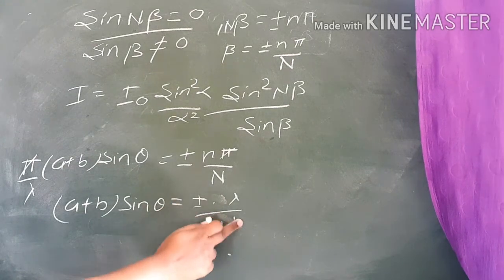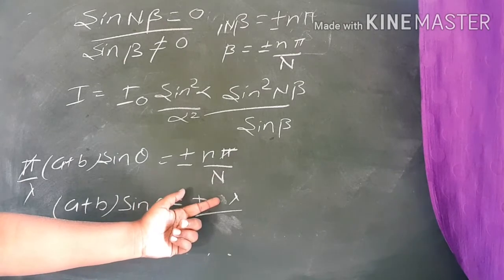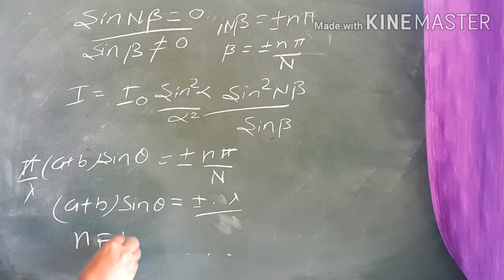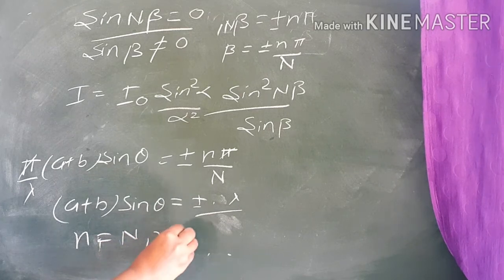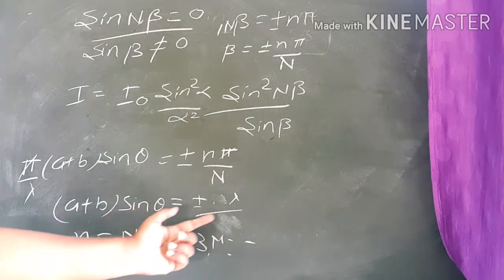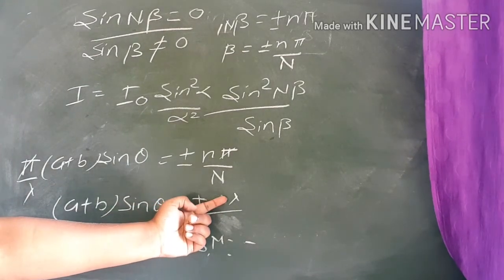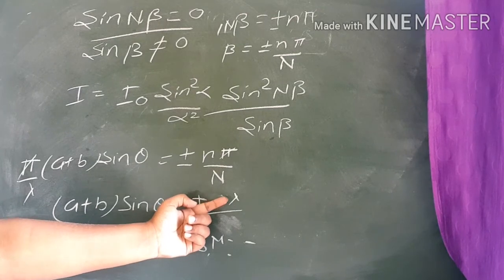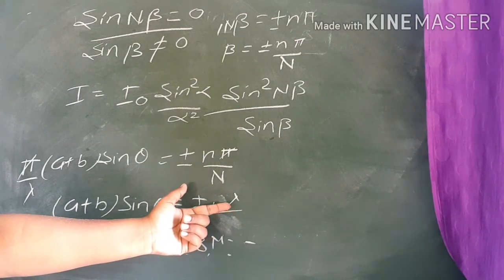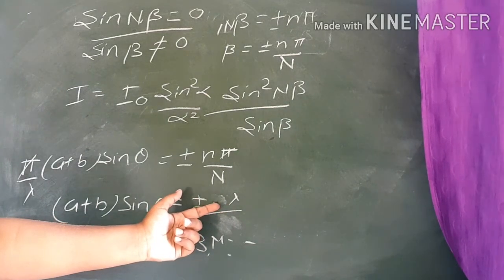If small n is equal to N, 2N, 3N, and so on, in this case the path difference is equal to plus minus 1 lambda, plus minus 2 lambda, plus minus 3 lambda. But we know this is the condition for principal maxima.